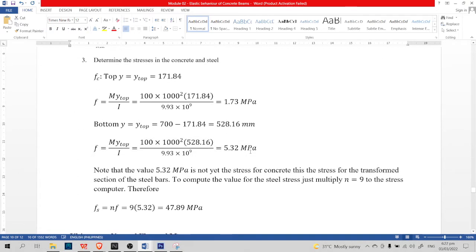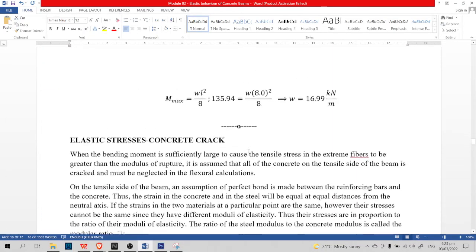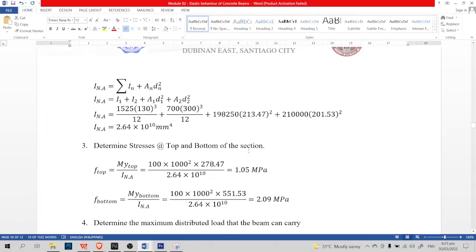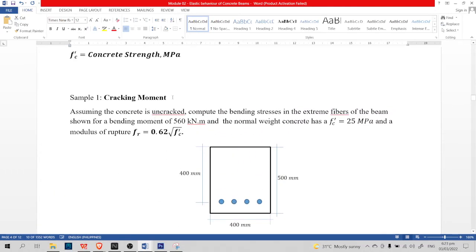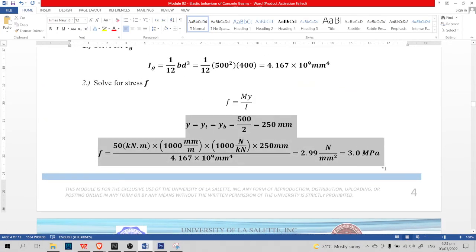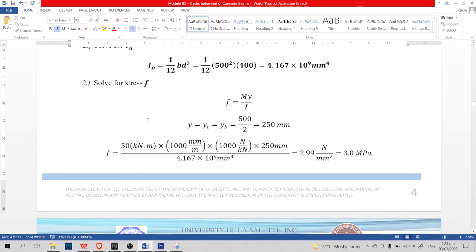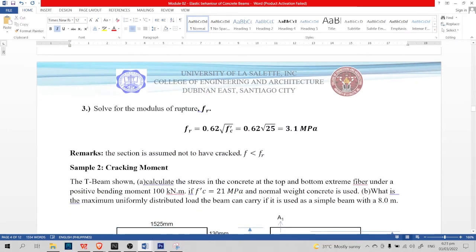Discuss on the next month. Okay? So, try to advance read it. Straightforward lang naman tong computation na ito. Lalo itong cracking moment. So, first stage to crack. It might be intimidating para sa inyo, but pag binasa nyo ito, para ka lang nagmo-multiply.